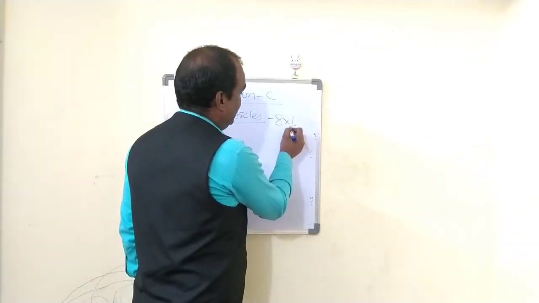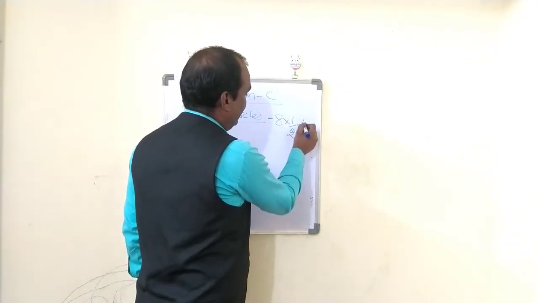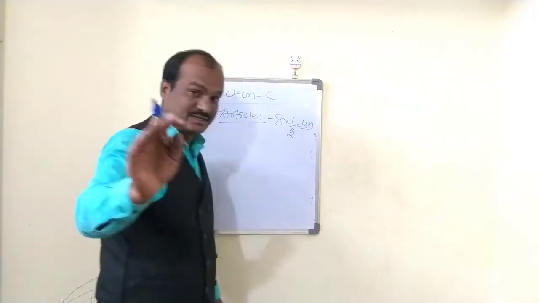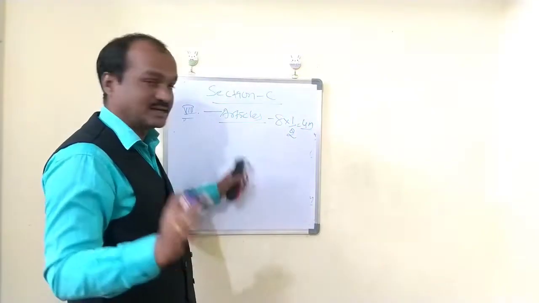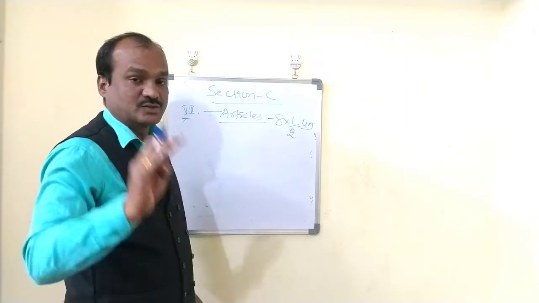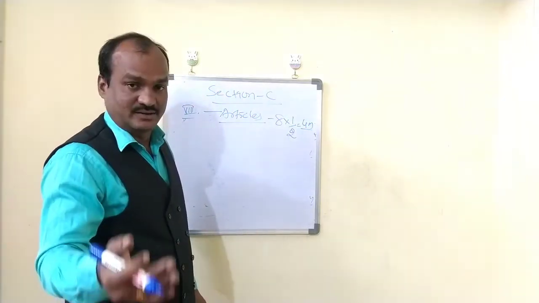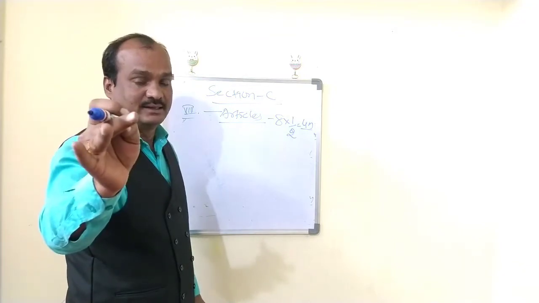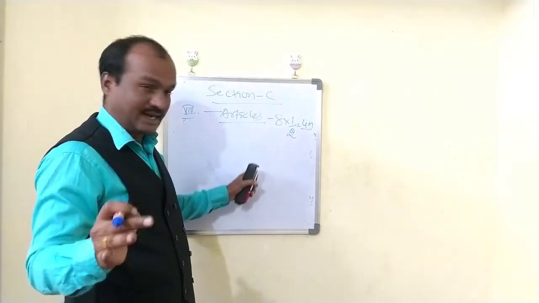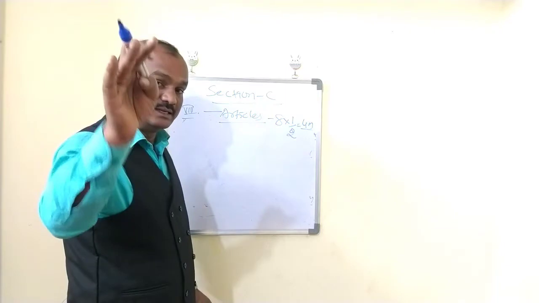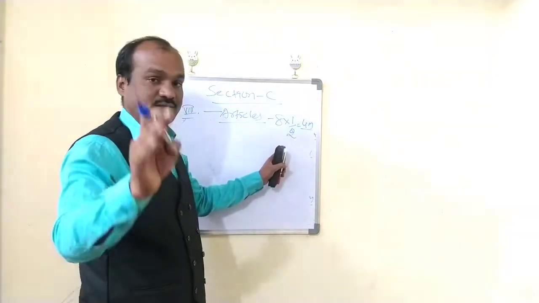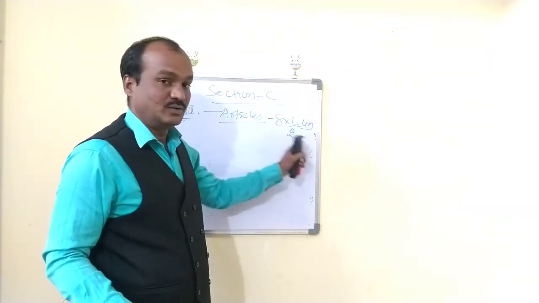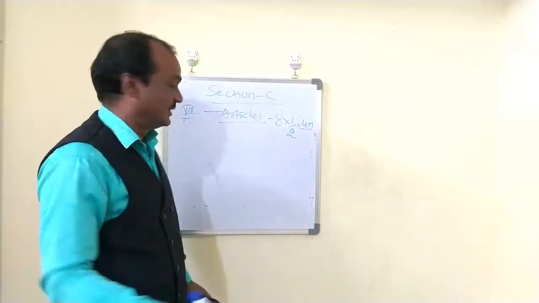Then 8 into half, we will get 4 marks here. That means articles carries 4 marks. Each blank carries half a mark, so 8 into half you will get 4 marks over here, right?